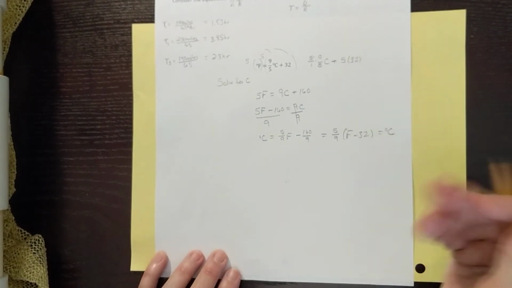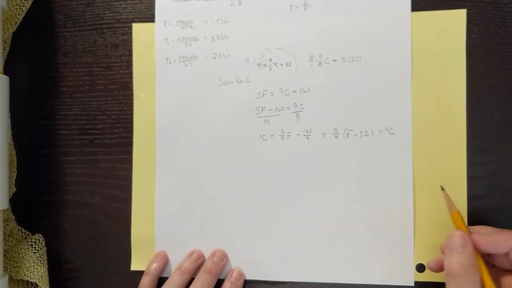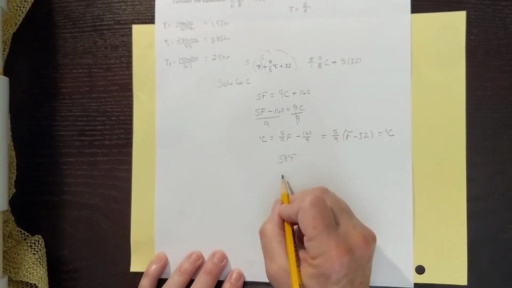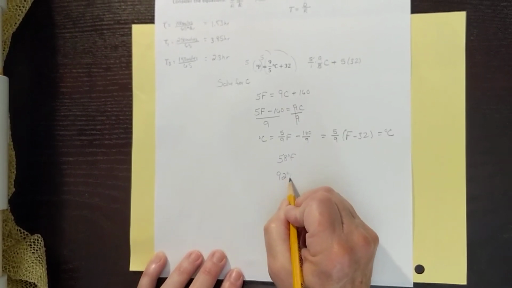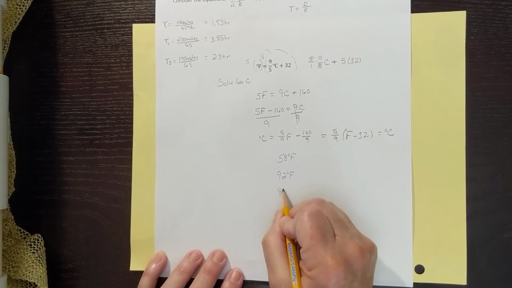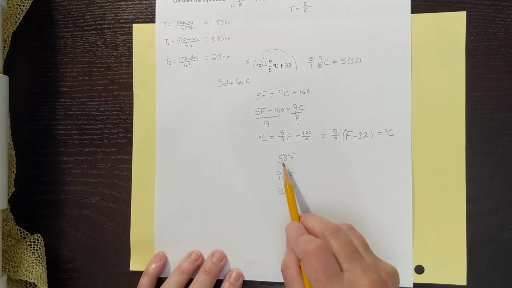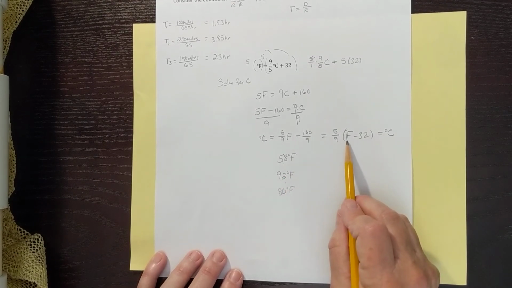And this version makes it really easy to calculate what degree C is equal to. So let's say we had a thermometer that measured 58 degrees F, 92 degrees F, and 80 degrees F, and we wanted to know what that was in C. We could just put these values in for F and calculate.